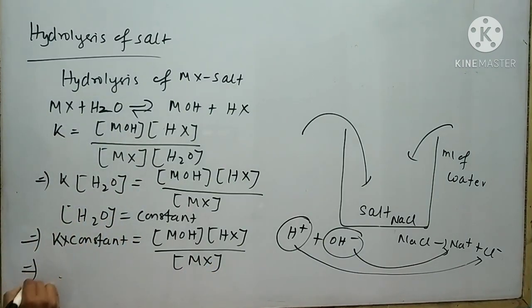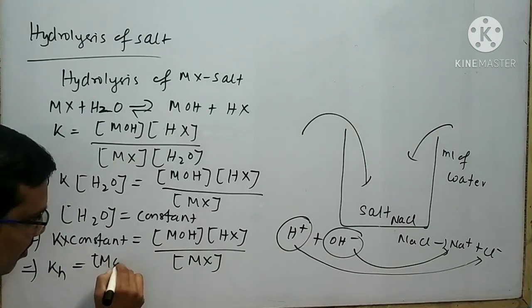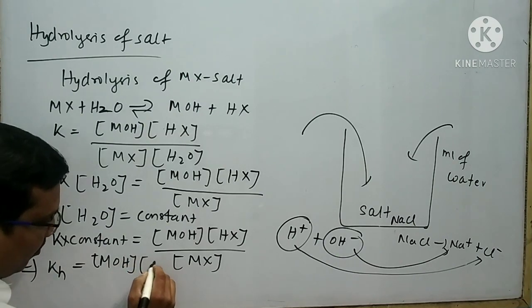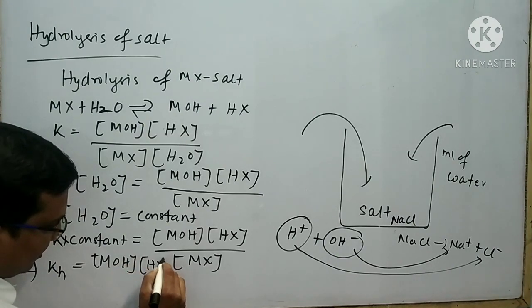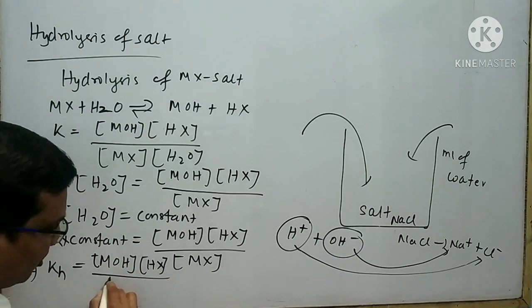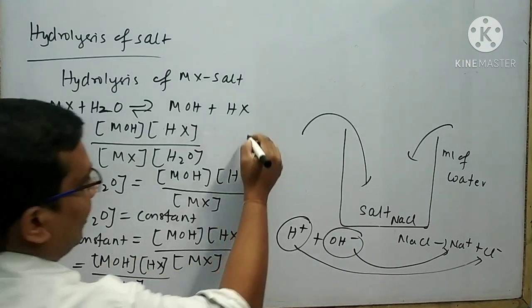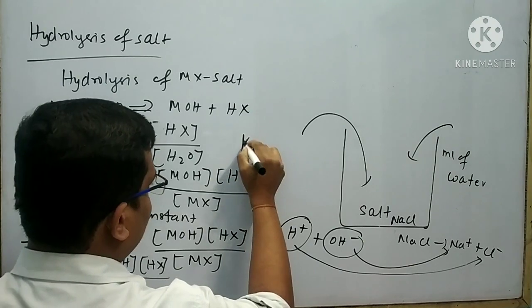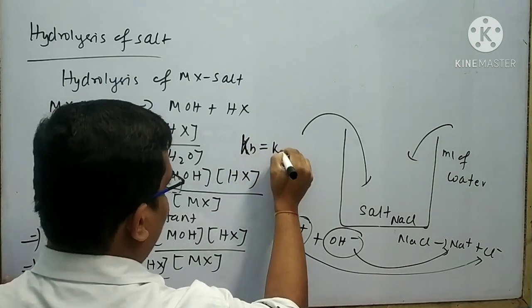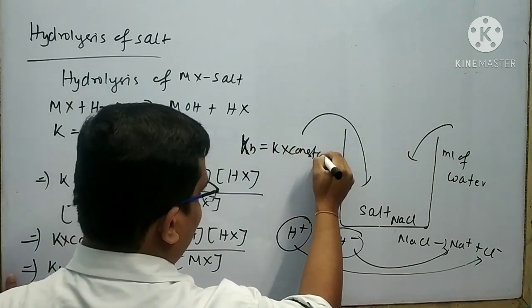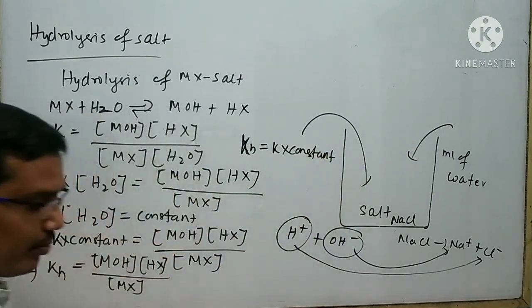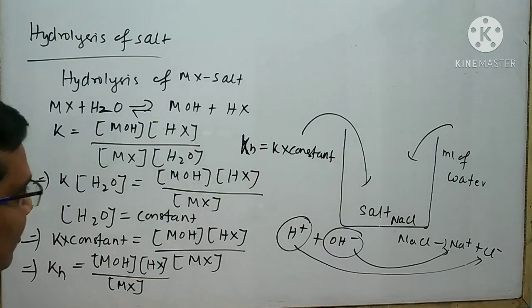This implies KH equals molar concentration of MOH into molar concentration of HX divided by molar concentration of MX. Here KH equals K into constant, and KH is said to be the hydrolysis constant.